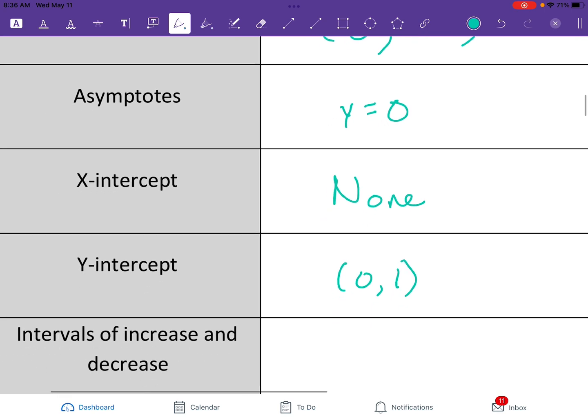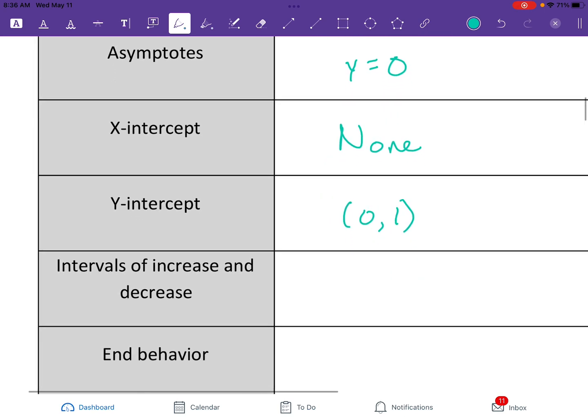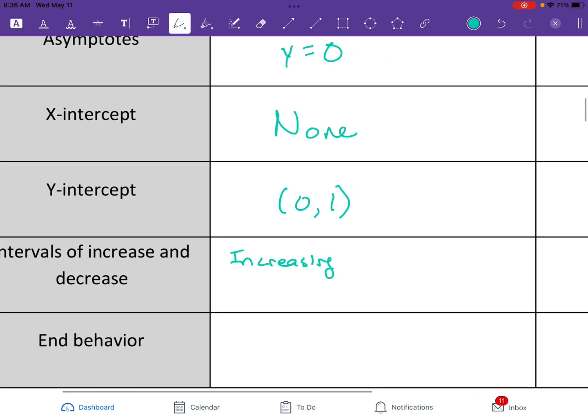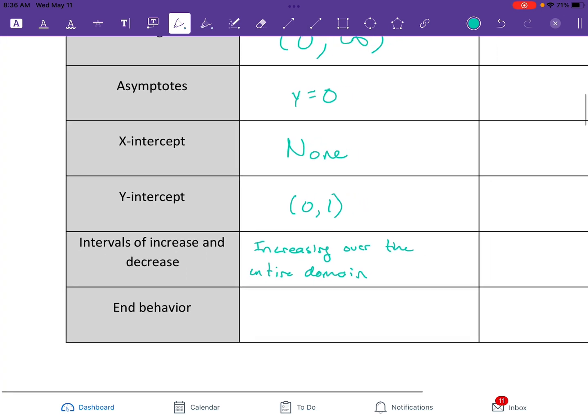Intervals of increase and decrease: it is increasing the entire time. So we're going to put increase over the entire domain. And lastly, it's end behavior.